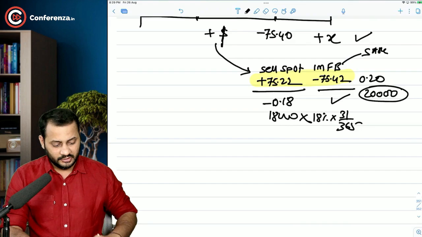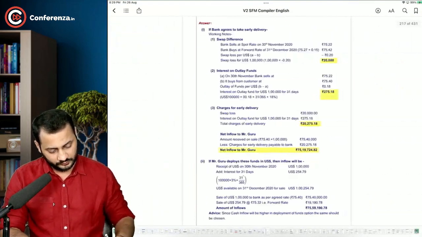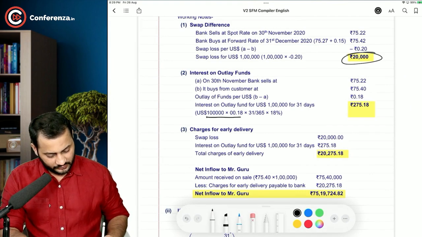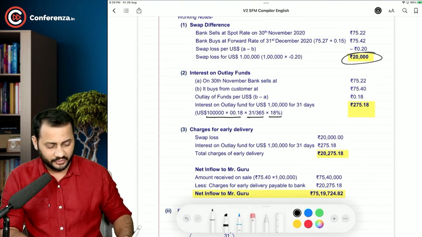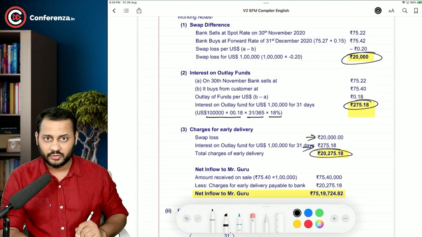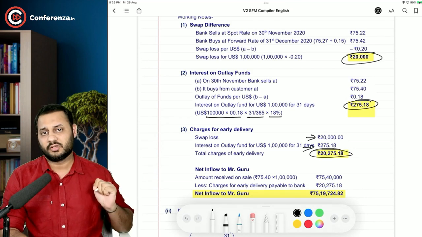That's it. See, 20,000, 18,000 into 31 by 365 into 18%. So this is the interest. We will add both of them. This is what we are going to recover from the customer.